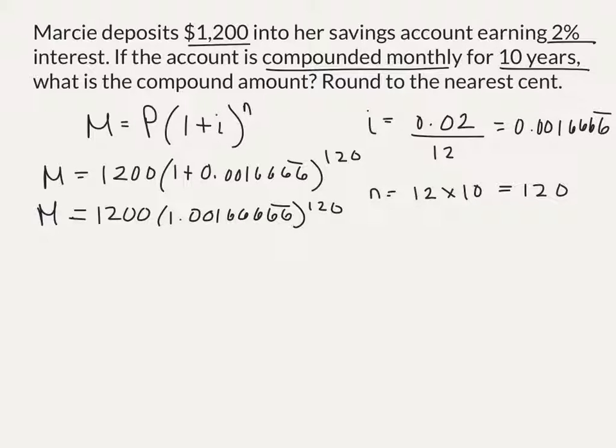Next, you'll raise that value to the 120th power. And you should get a decimal of 1.221199434. And lastly, we're going to multiply that value by 1,200.